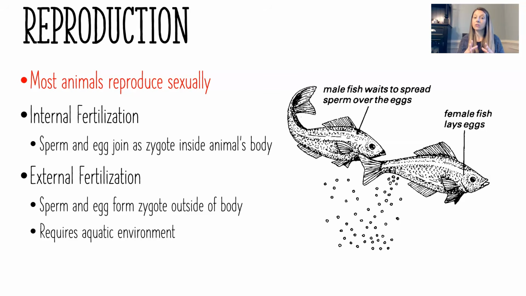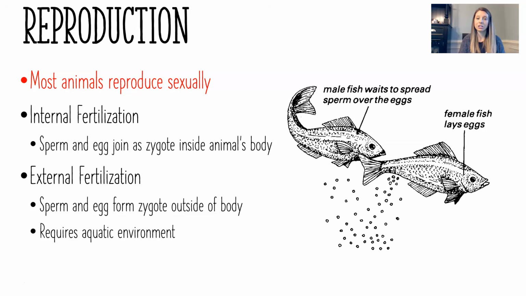Now, remember we talked quickly about reproduction, and I said I have to put a little star next to that. Most animals do reproduce sexually, utilizing either internal fertilization or external fertilization. Internal fertilization is when the sperm and the egg join as a zygote, the fertilized egg, inside the animal's body.